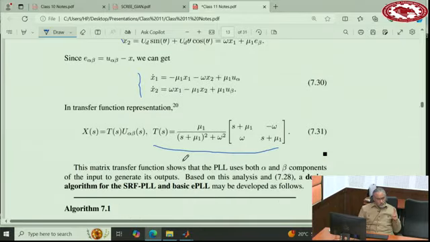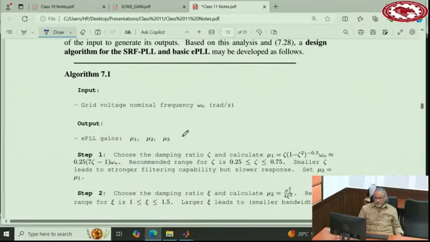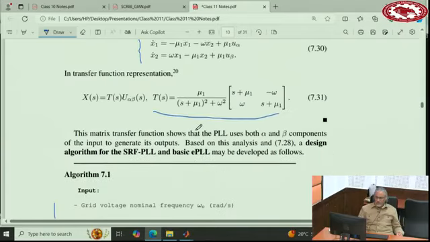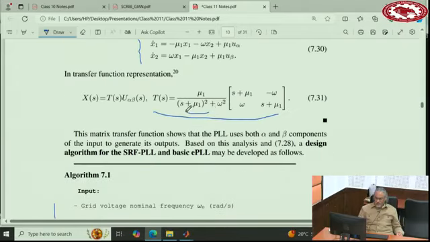We only put two conditions, mu1 equal mu3 and mu2 equal 0, which means if you are really operating in a tight frequency regulated situation. So based on these discussions that we had, you can design mu1, mu2, mu3, because now that you have this transfer function, this gives you the poles of this system.